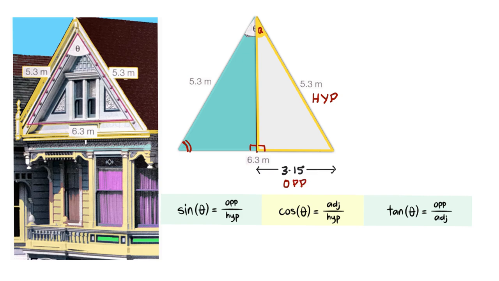And therefore the ratio that we want to use is sine theta, which has opposite and hypotenuse. And therefore we can write that sine theta, and we do not know what theta is, equals opposite, which is 3.15, over the hypotenuse, which is 5.3.